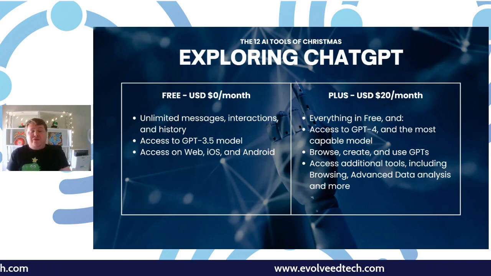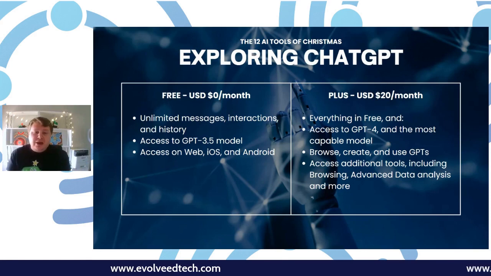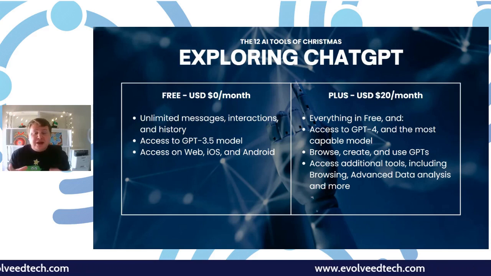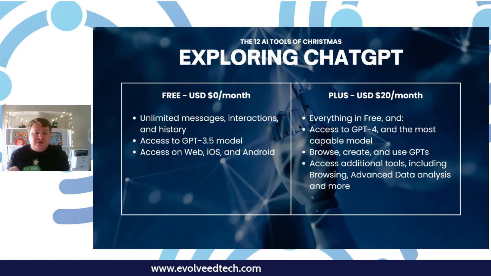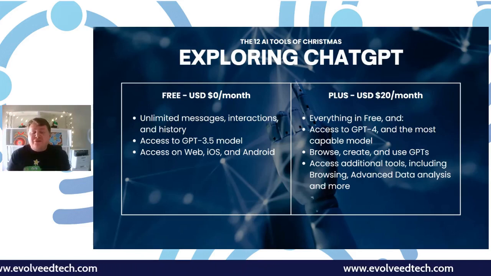So you get everything from the free, but you get access to ChatGPT 4, which is the most capable model currently available through OpenAI. You can do a whole range of other things like browse, create, and use GPTs. You can access additional tools, a whole range of other elements that might be really useful for you. But if you're just looking to use it really simply, the free option is perfectly acceptable.